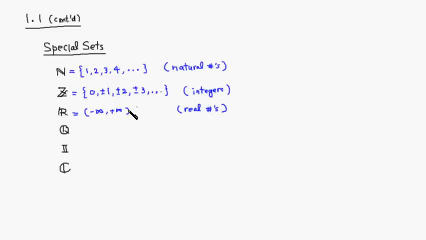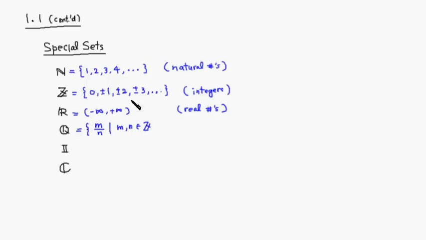And here's a tricky one. Q is the set of all rational numbers. A rational number is any real number that can be written as an integer over an integer, so m over n, where m and n are integers.